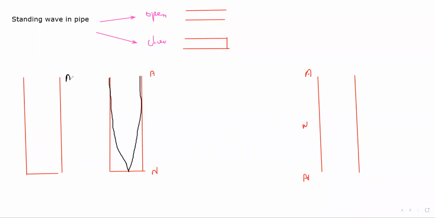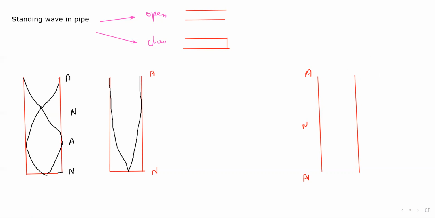The node will be at the closed end and the antinode at the open end, but in between you may have more. You may have an antinode, then a node again. Node means zero amplitude, then again an antinode means maximum amplitude, and then again a node. This is how we represent the standing wave.